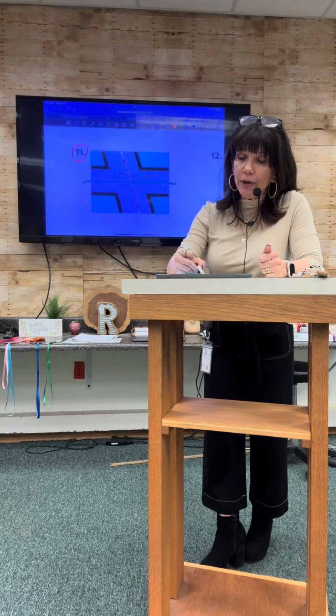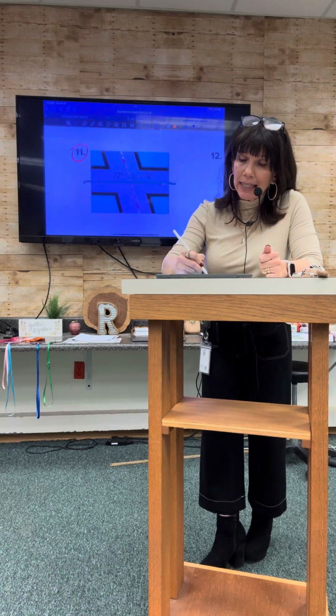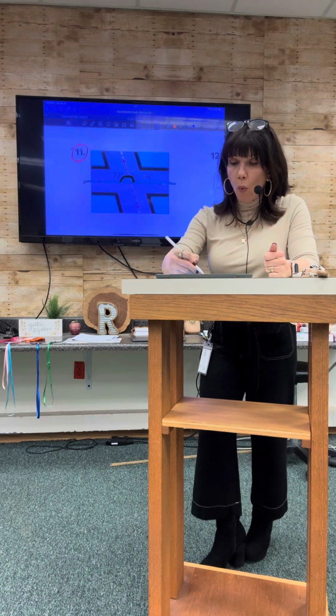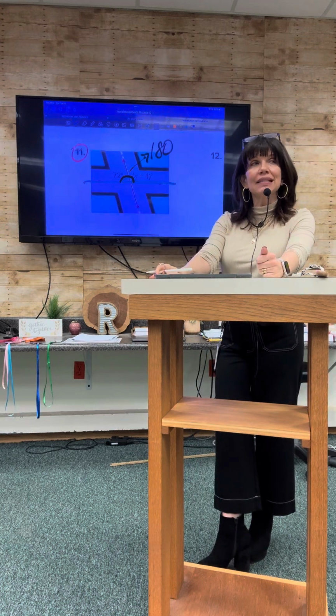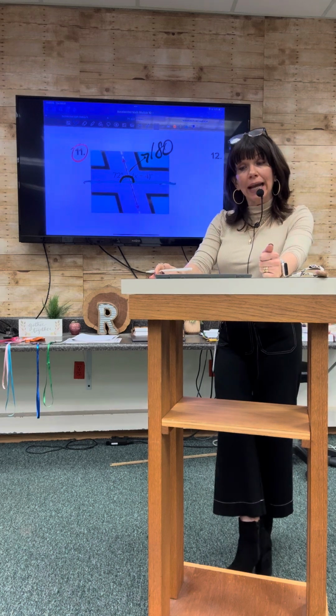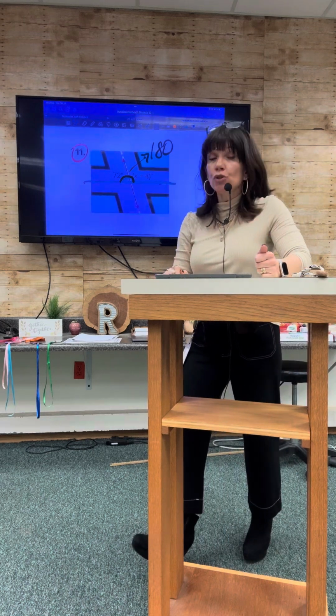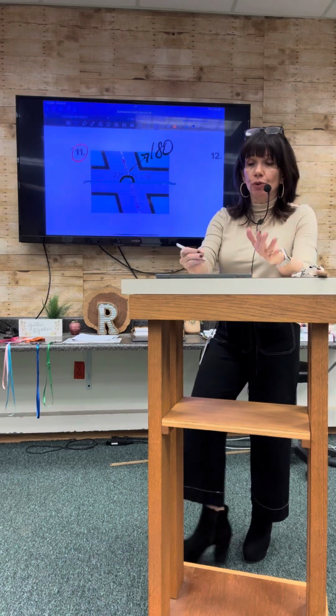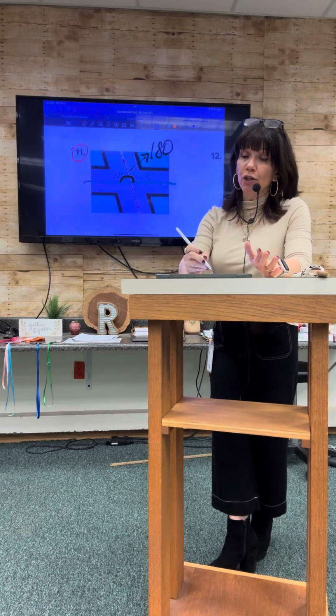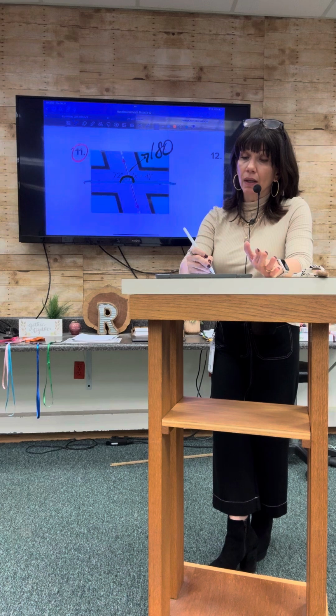So how many degrees go from here to here? 180. So what do you immediately see you would be able to write as an equation to represent these supplementary angles? 180 minus x plus 50.